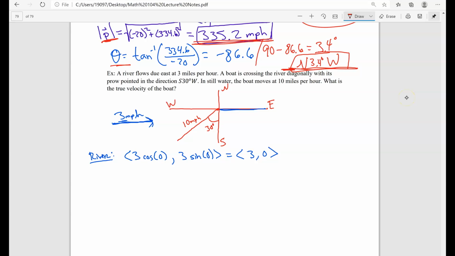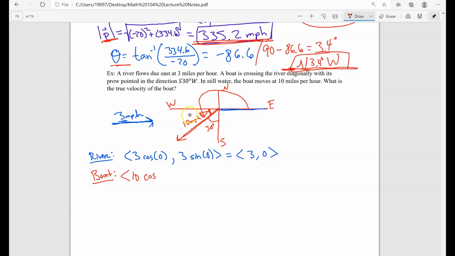Now we want to find the vector form of the boat. So I'm going to write boat. The vector form is going to be 10 miles per hour times the cosine of the angle. Now you have to be very careful, because 30 degrees is not what we want. We want this particular angle. First we can figure out what this one is.